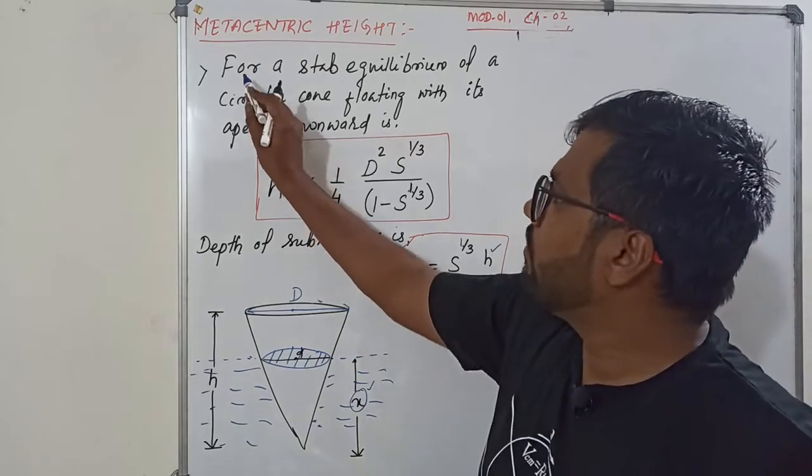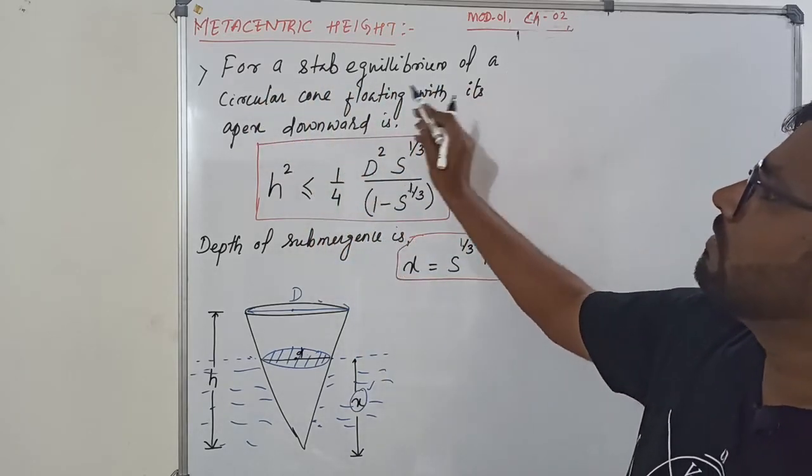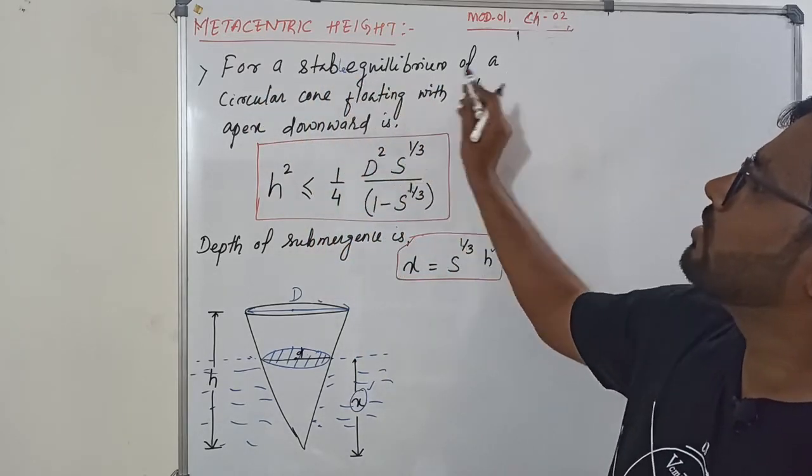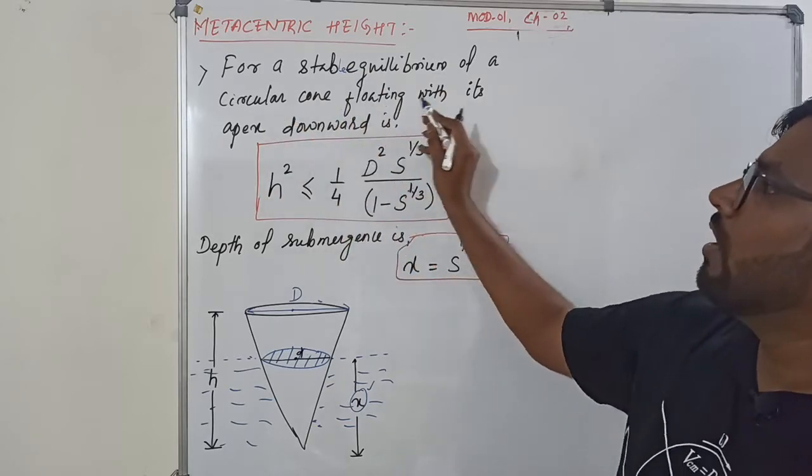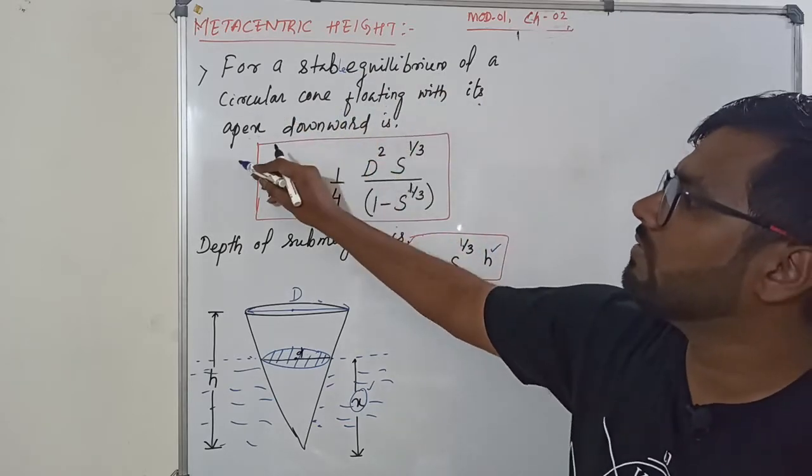Now for stable equilibrium of a circular cone floating with its apex downward, what is the condition?